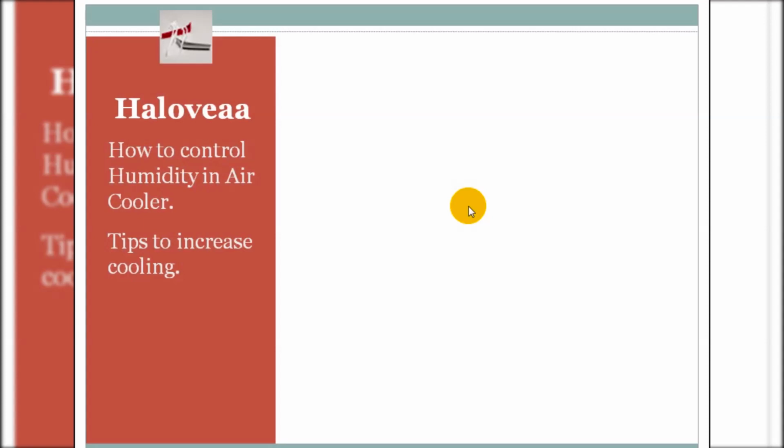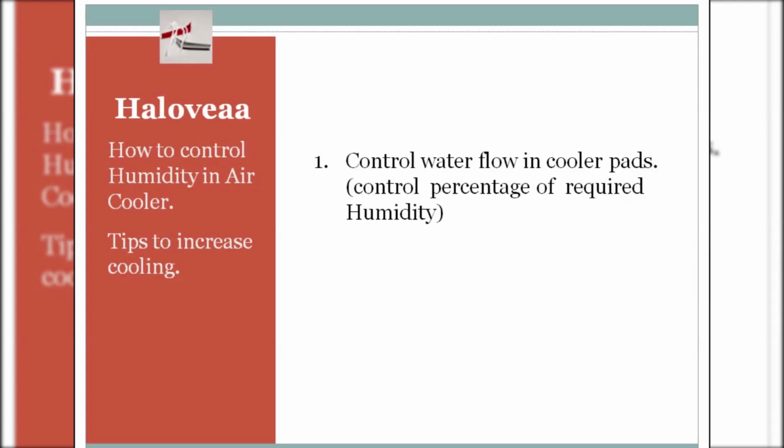I'm going to discuss three important measures that you need to take care of to control the humidity of the air cooler and also to increase the cooling effect. First of all, you need to control the water flow of your cooler pads, so you can also control the percentage of the humidity. I'll show you how I did that in my air cooler.